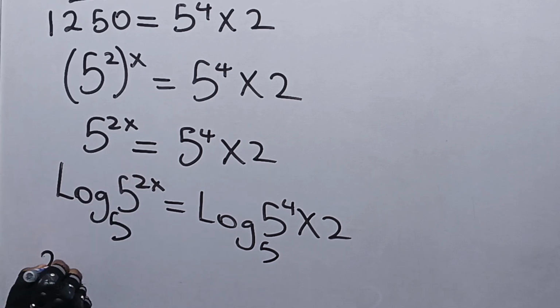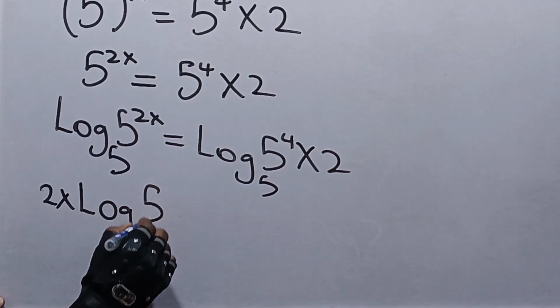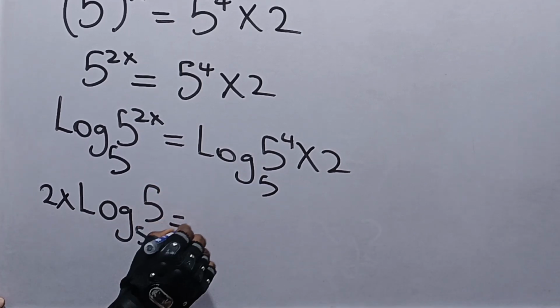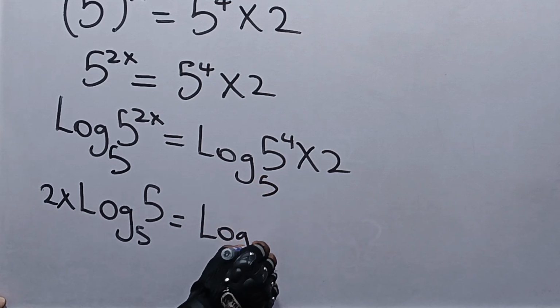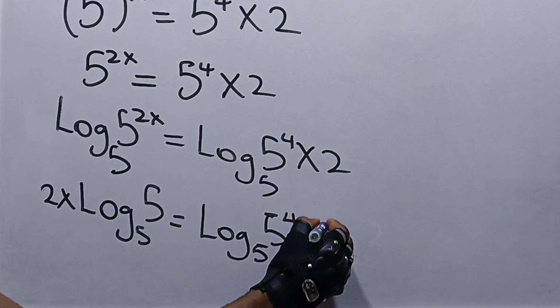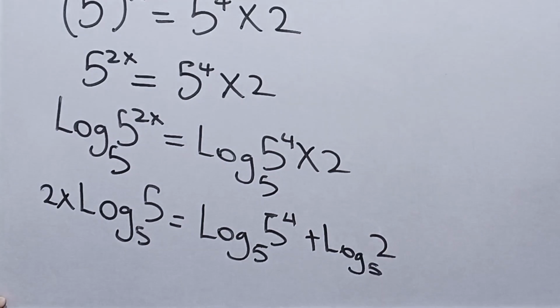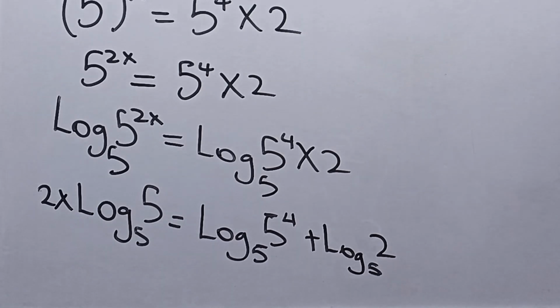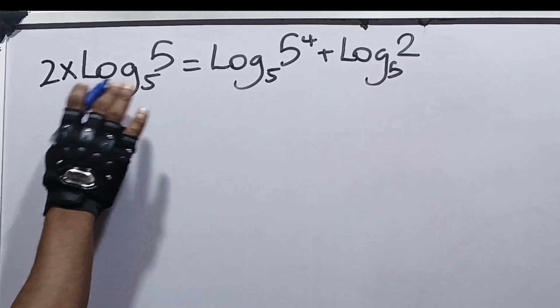So we have 2x multiplied by the logarithm of 5 to base 5 equal to the logarithm of this side. You can split it up. So we have the logarithm of 5 raised to the power 4 plus the logarithm of 2, both in base 5. We can now say the logarithm of a number to its own base is 1.